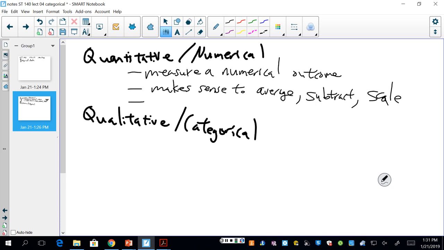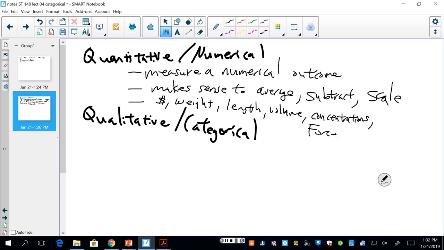Key examples of variables like this might be dollars, weight, length, volume, some like chemical concentrations. It could be different force, right?